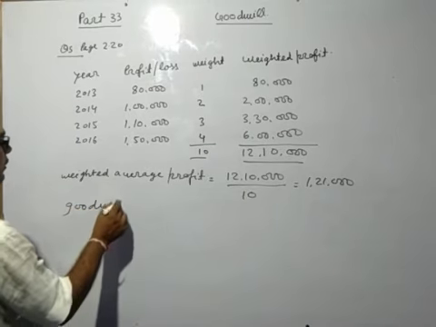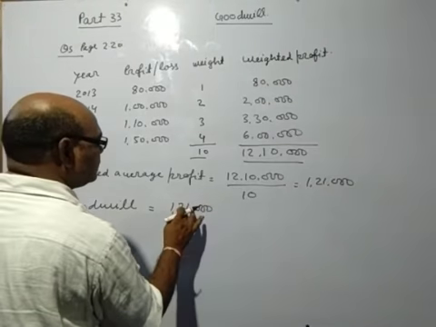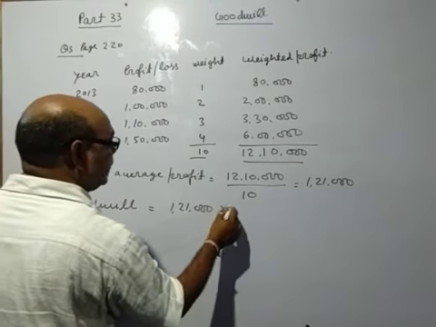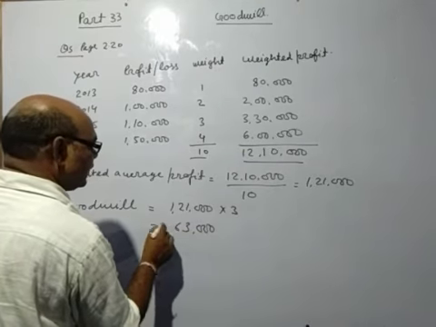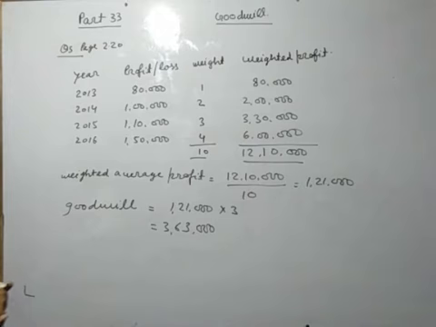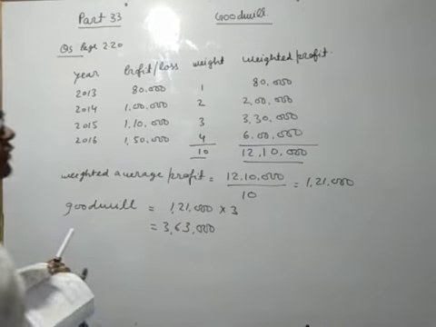Now you will calculate the goodwill. So goodwill equals weighted average profit 1,21,000 into number of purchase years 3, that is 3,63,000. So as you are saying, first you will write one column for year, one column for profit or loss, third column for weight, fourth column weighted profit. Profit multiplied by weight gives weighted profit.